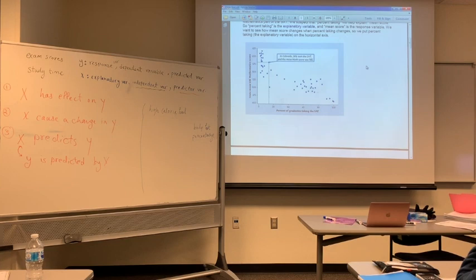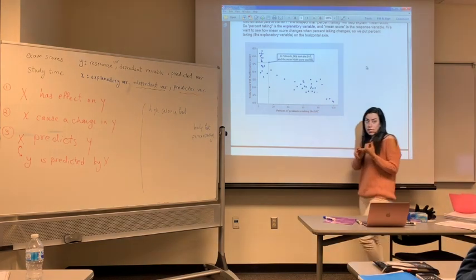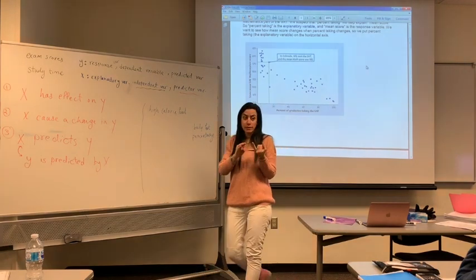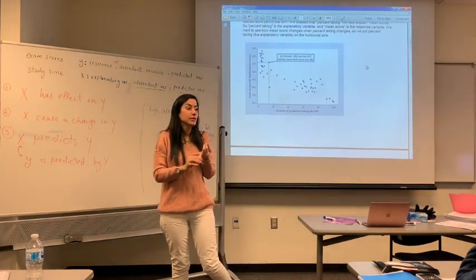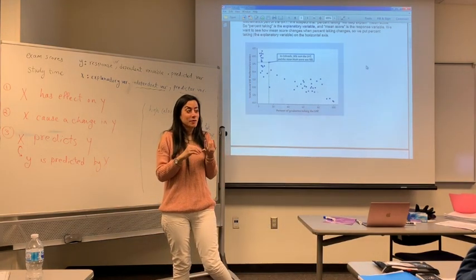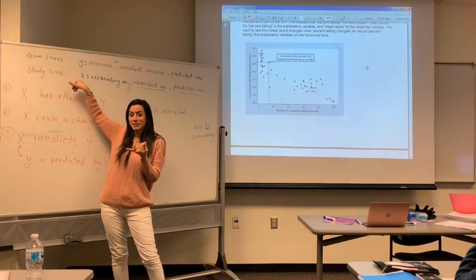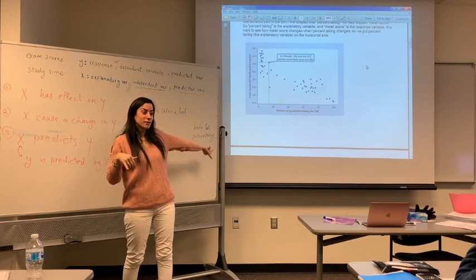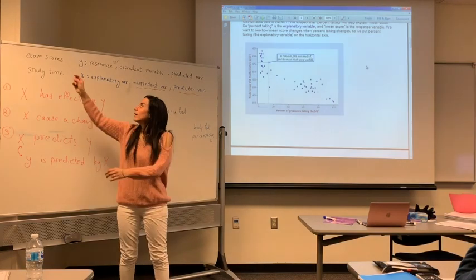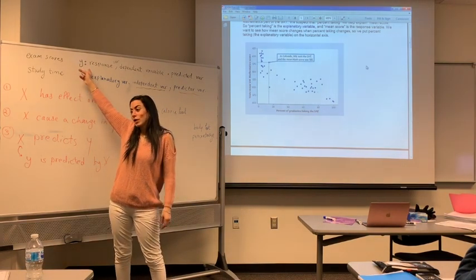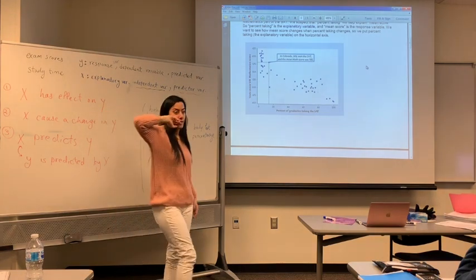If you are talking about explanatory variable and response variable, and the study knows that there is a response variable and there is an explanatory variable, explanatory variable, because it is x, goes on x-axis. Response variable, because it's y, goes on y-axis.